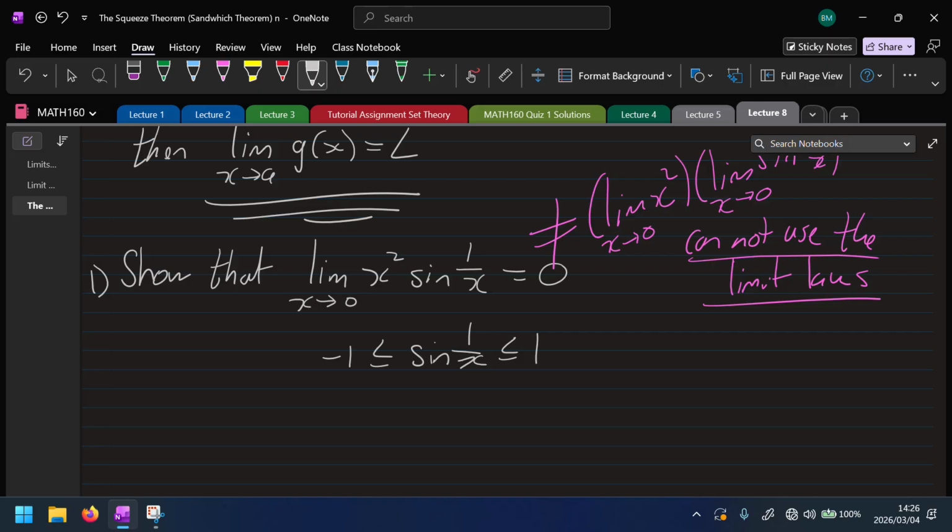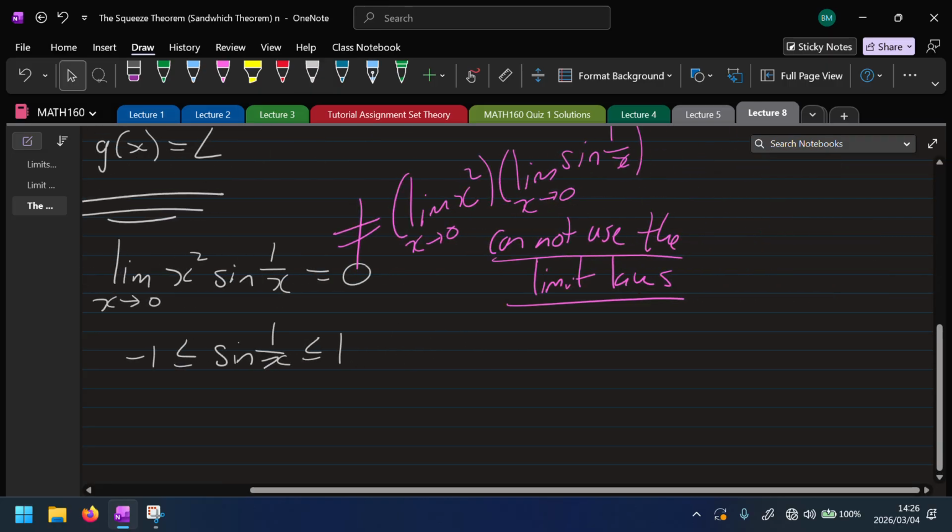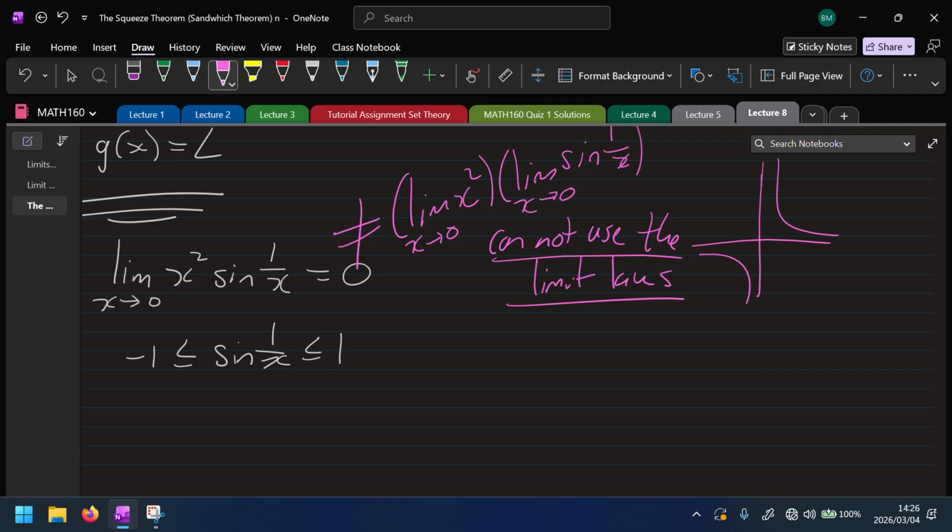Look at your parabola, hyperbola. So this one. When x goes to 0, it goes to? It's unbounded. It goes to infinity. Can we do sine of infinity? Wow. It just oscillates, right? There's no sine of infinity. So there is no limit.